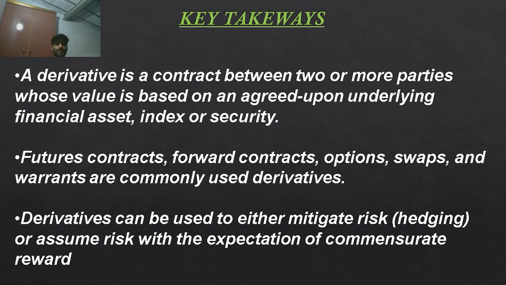Futures contracts, forward contracts, options, swaps, and warrants are commonly used derivatives. Derivatives can be used to either mitigate risk, hedging, or assume risk with the expectation of commensurate reward.